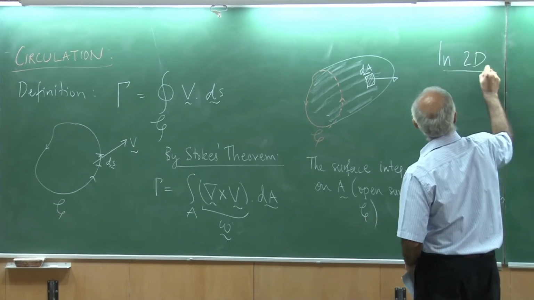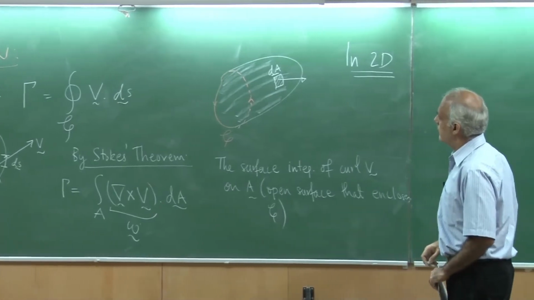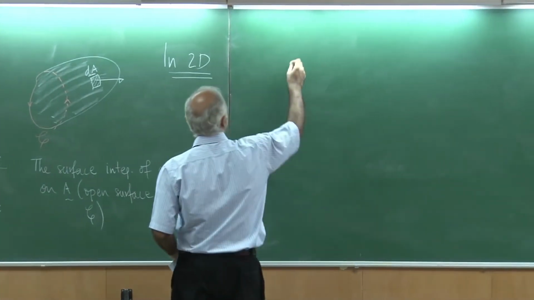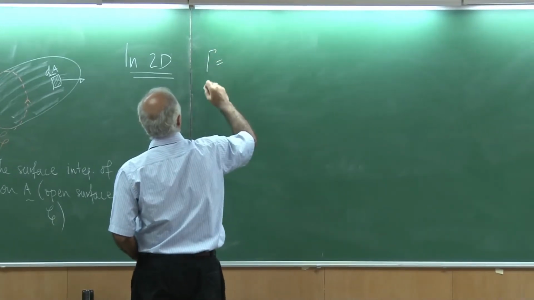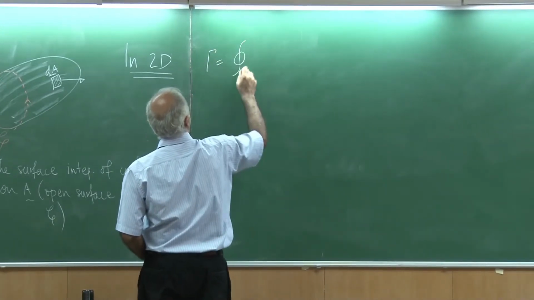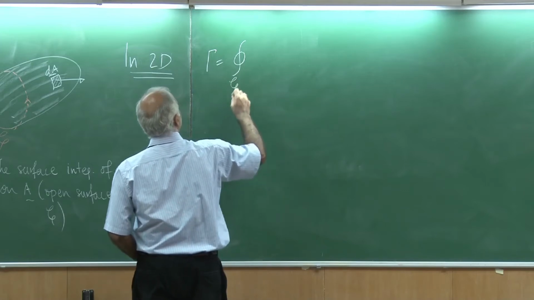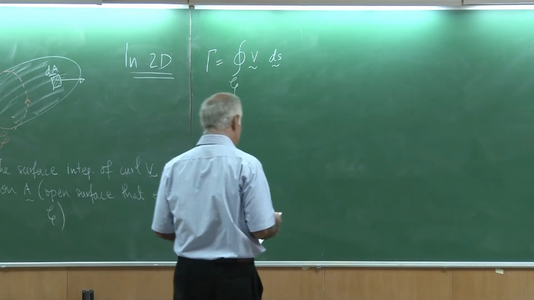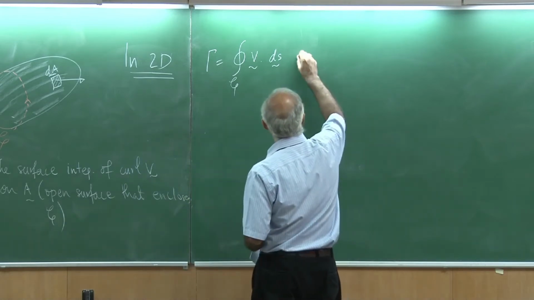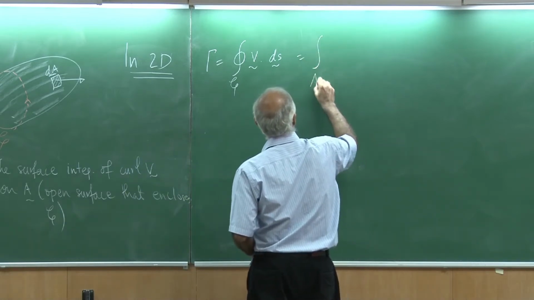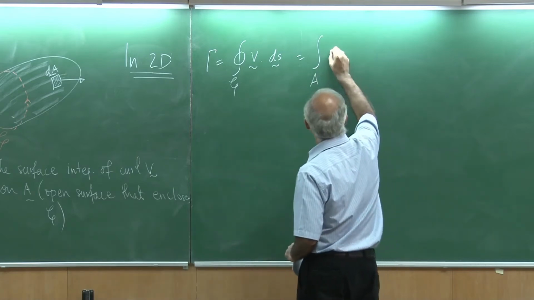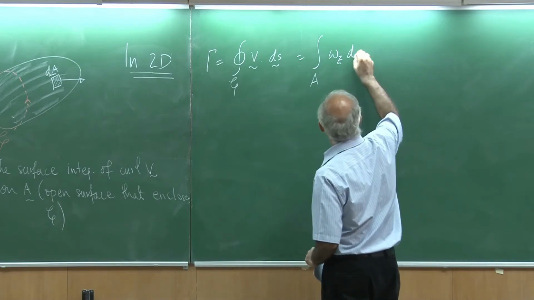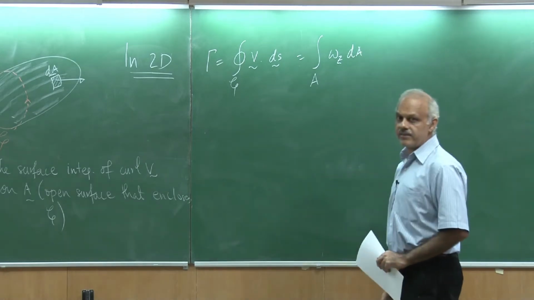If I take a very special case, then I could do the following. Gamma is over the curve C v dot ds, and this is actually equal to the integral over the area A of omega z times dA.